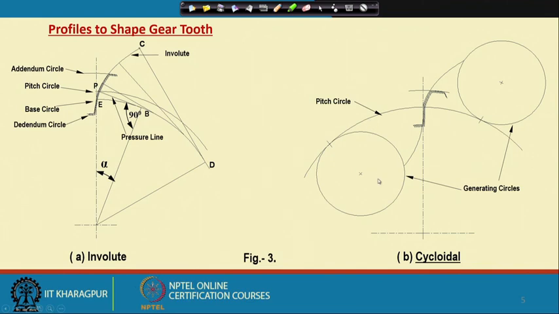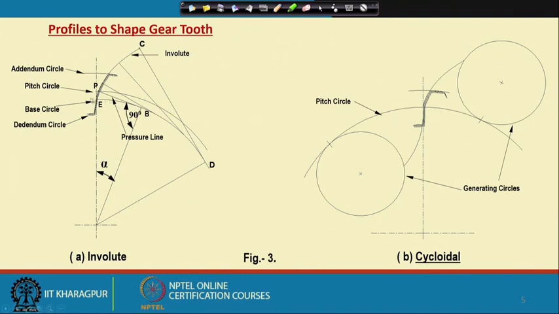In case of a cycloidal tooth, this circle itself is the pitch circle as well as the base circle, whereas it is not called the base circle, it is called the describing circle.